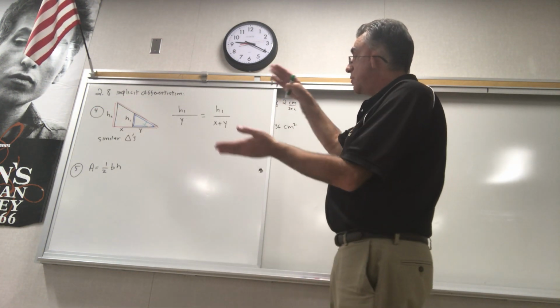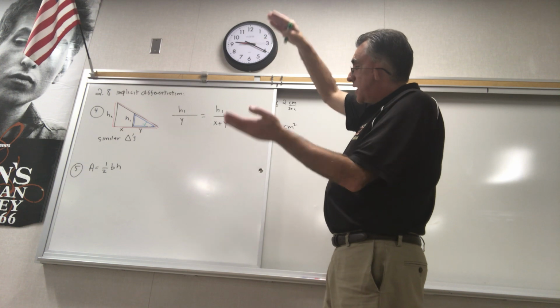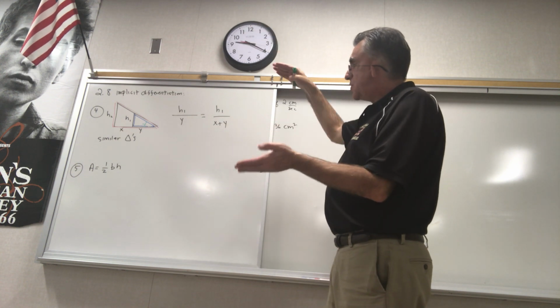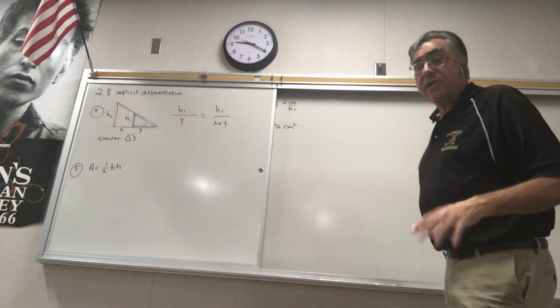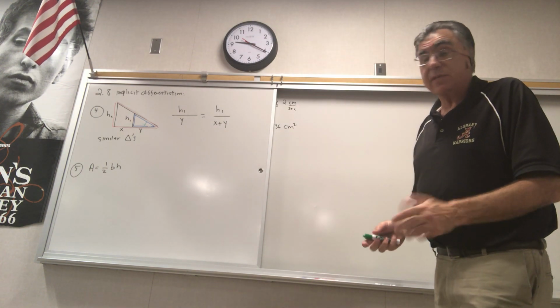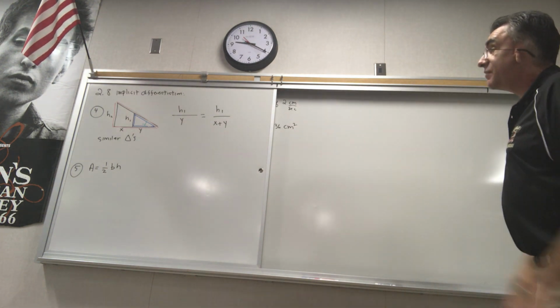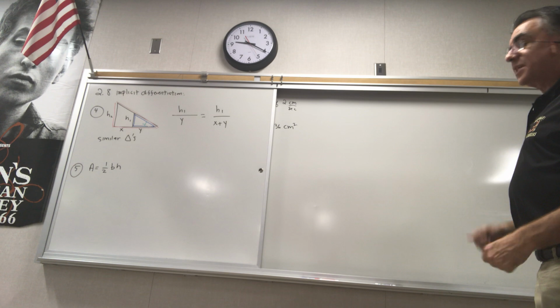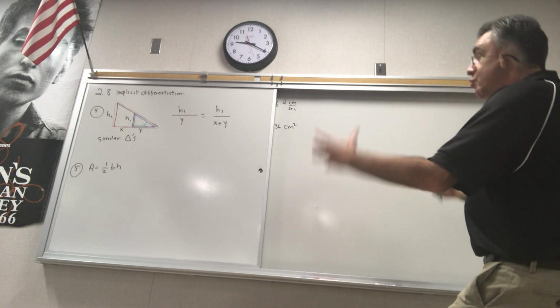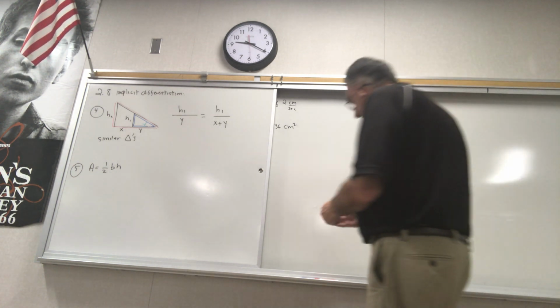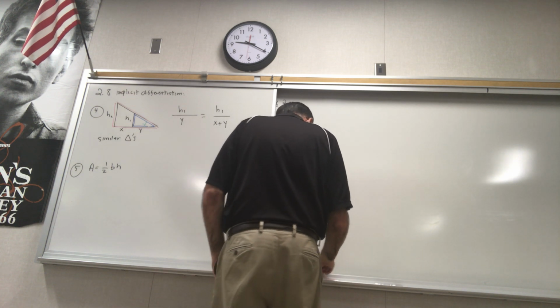I'll tell you how high h1 is and how high h2 is. The x and the y are the variables. It's kind of like an implicit differentiation question. So keep in mind when I do this, you have to think of h and y as numbers like 7 or 2. So when you cross multiply, you're going to get an equation.